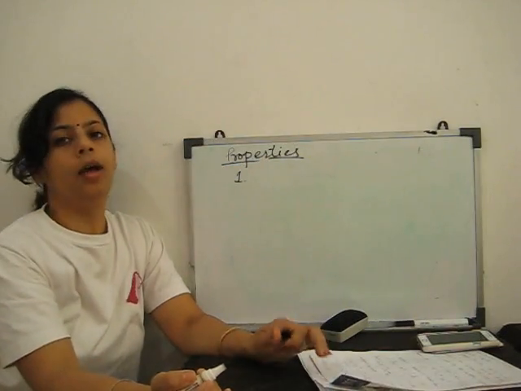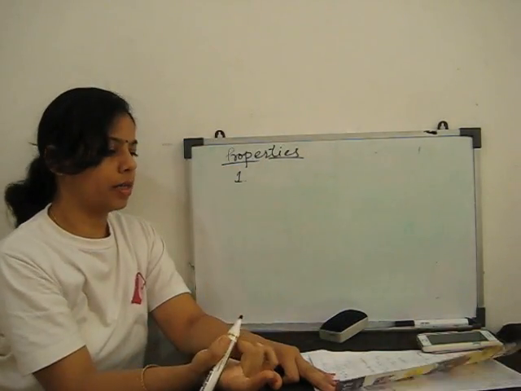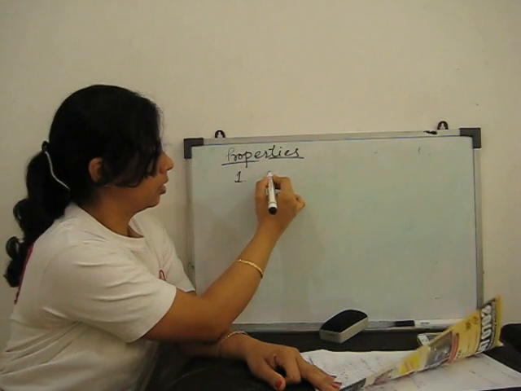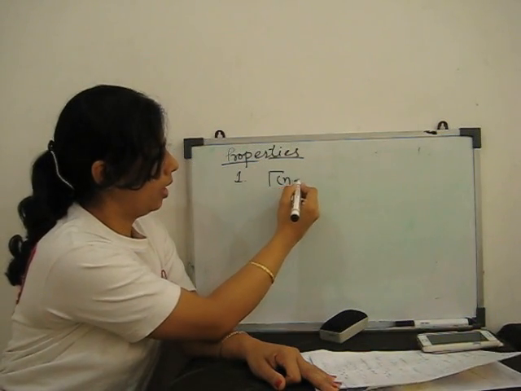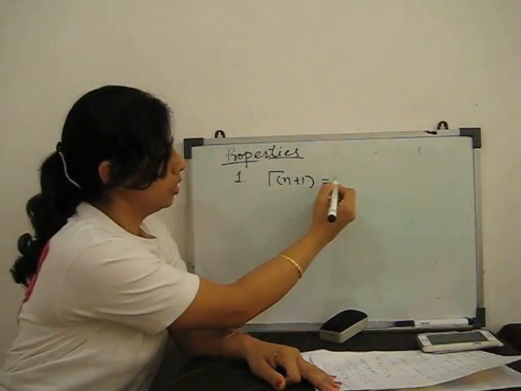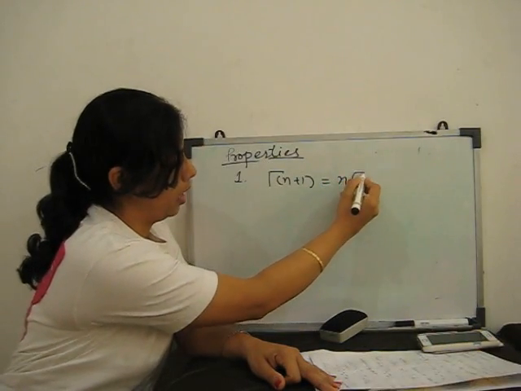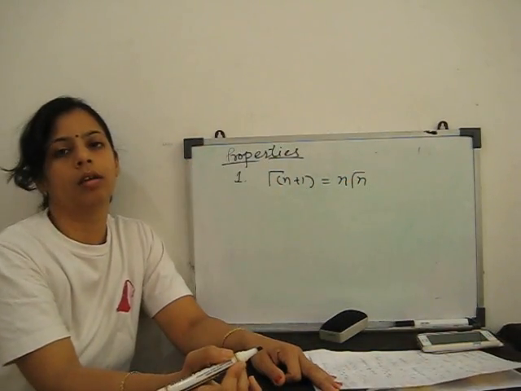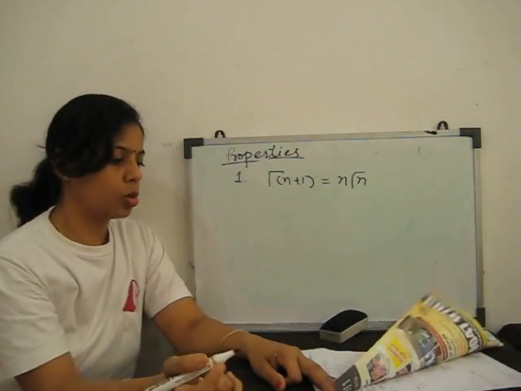First property of the gamma function is gamma of n plus 1 is equal to n gamma n. How does it come?